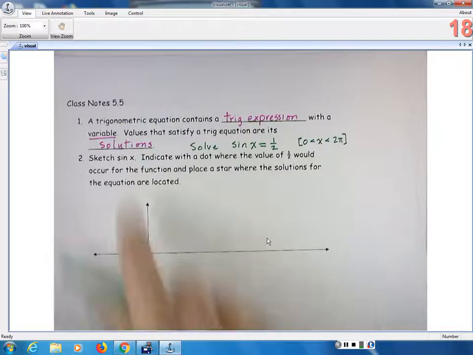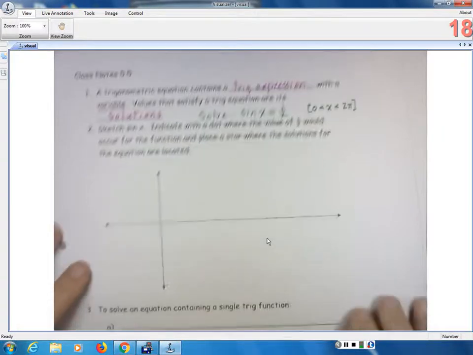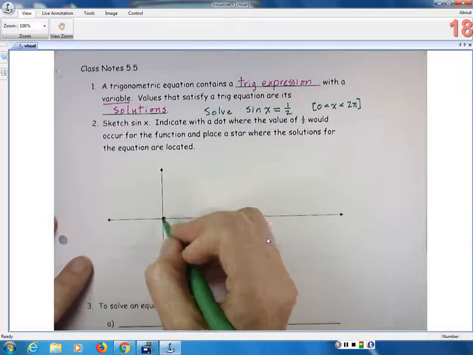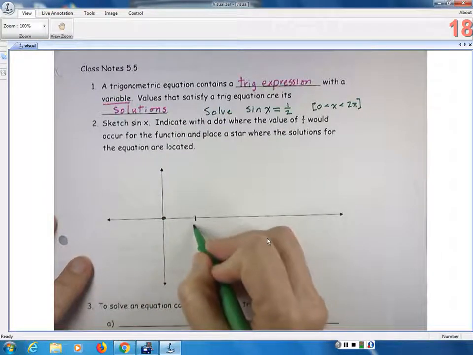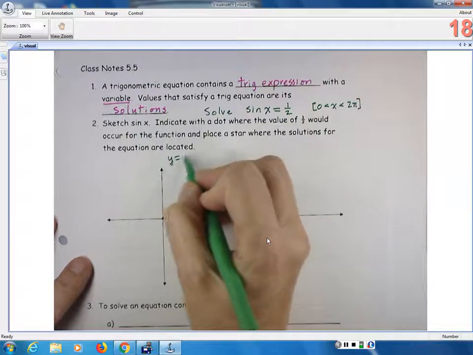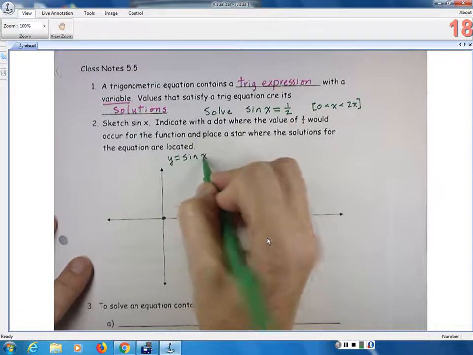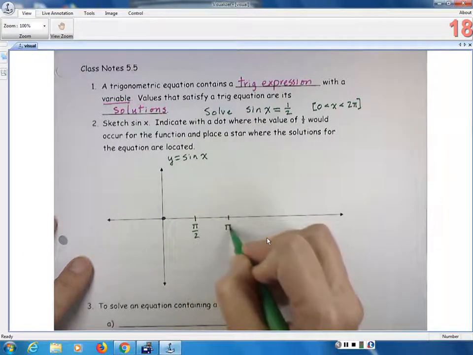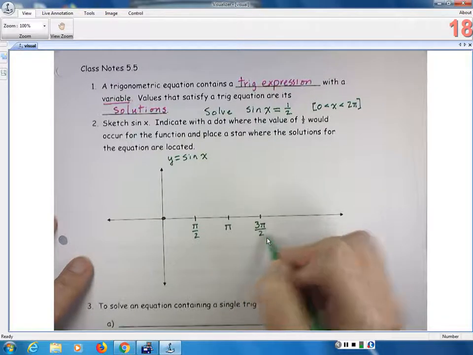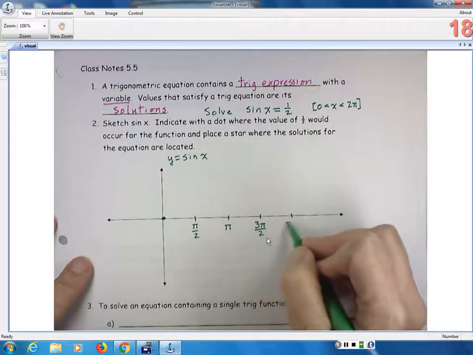You sketch sine x, and sine is 0 here. So we mark off our axis: pi over 2, this is y equals sine x, pi, 3 pi over 2, and 2 pi.